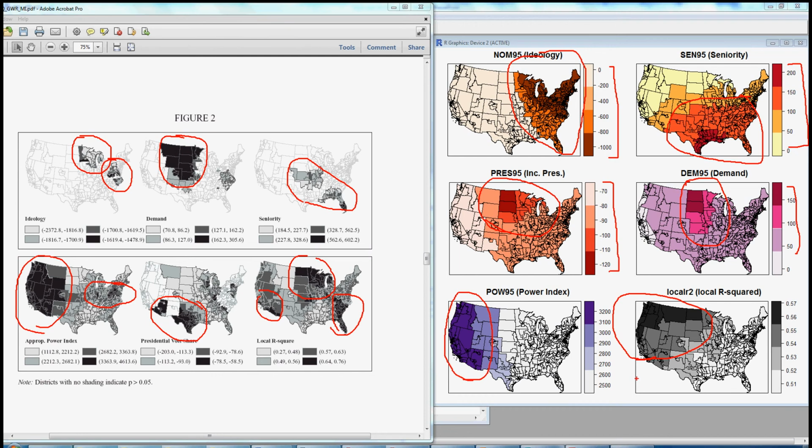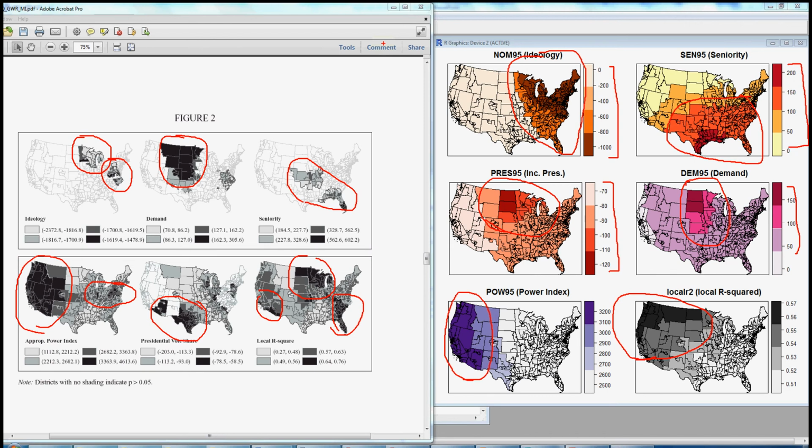Otherwise, though, most of the findings, or general findings, are supported, in terms of ideology, seniority, demand, and the appropriations power index. Since ideology appears to be their key variable, that's probably the one that best fits or most supports. If anything, you might say that the original authors are more conservative in their characterization, or their results are more conservative than ours.